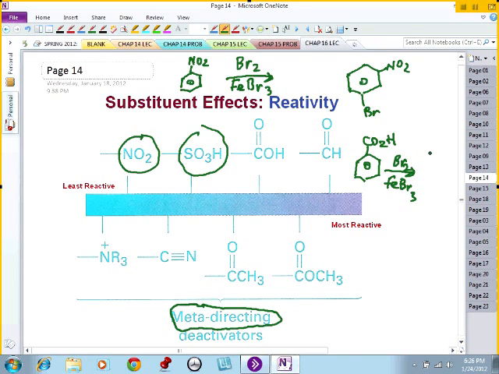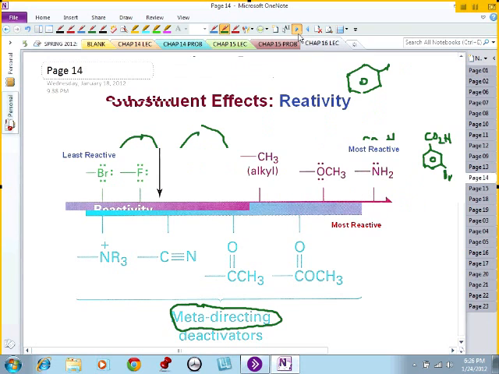Benzoic acid, right? Exactly. So the product would be meta-bromobenzoic acid. Okay, is that clear so far? So therefore, all of these groups here, anytime you see them on the benzene ring and you need to perform electrophilic aromatic substitution reaction, the incoming group will go to the meta position.